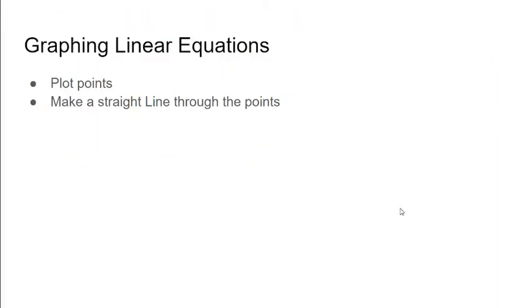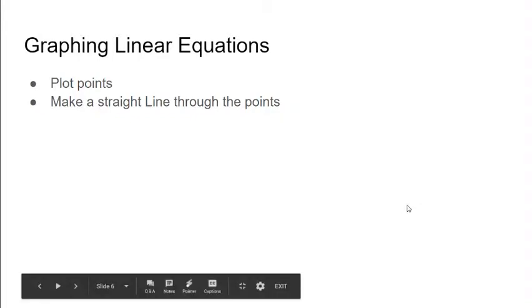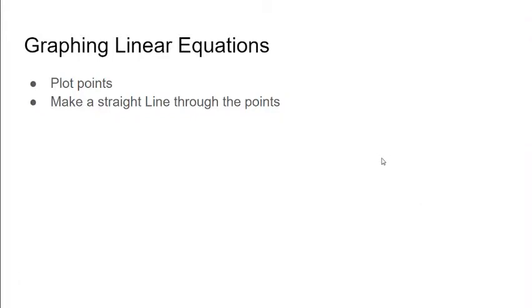And now let's talk about graphing linear equations. When you're graphing any equation, really, even if it's not linear, make sure you're plotting points just so it looks more accurate, and make a straight line through the points for linear equations, because linear equations should end up being a straight line.